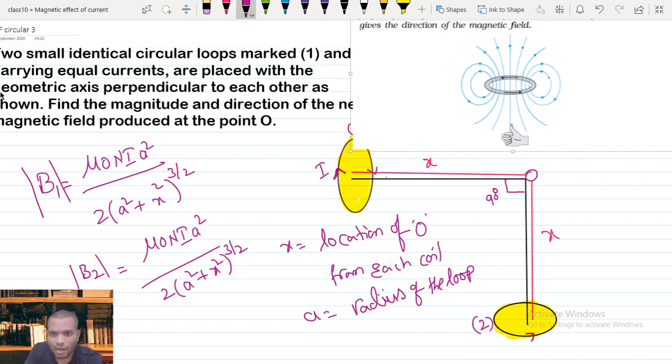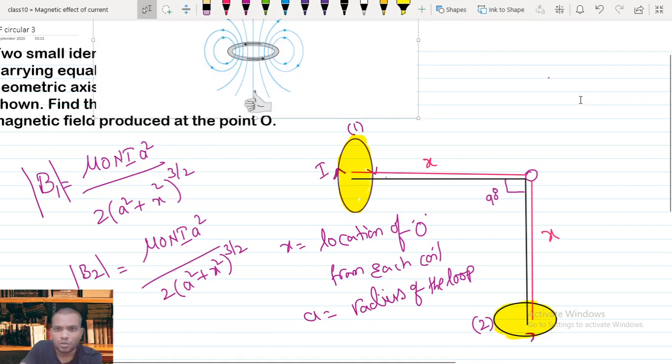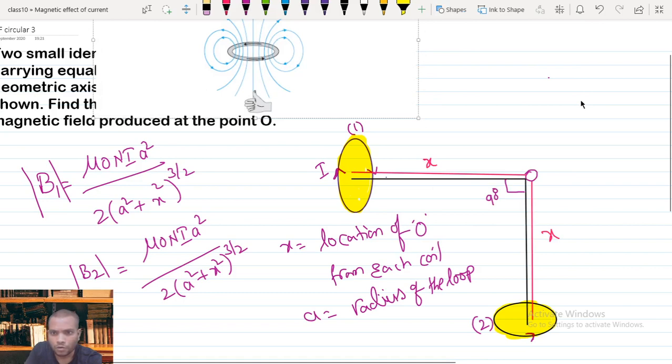The figure and coil 2 are the same, so easily I can get the resultant magnetic field. From this, the magnetic field at point O is along the upward direction.